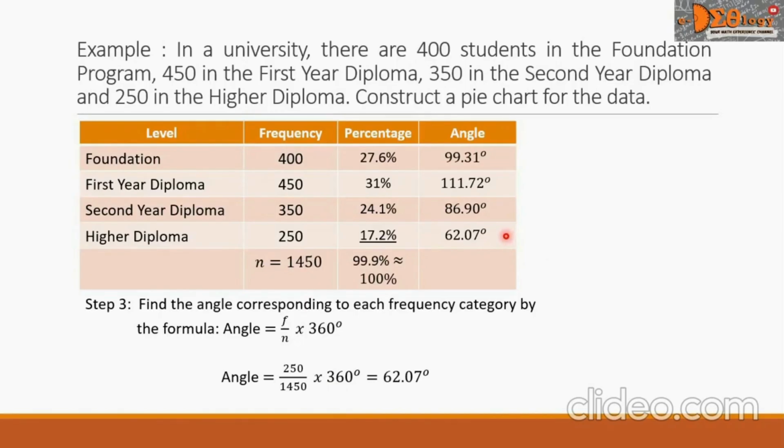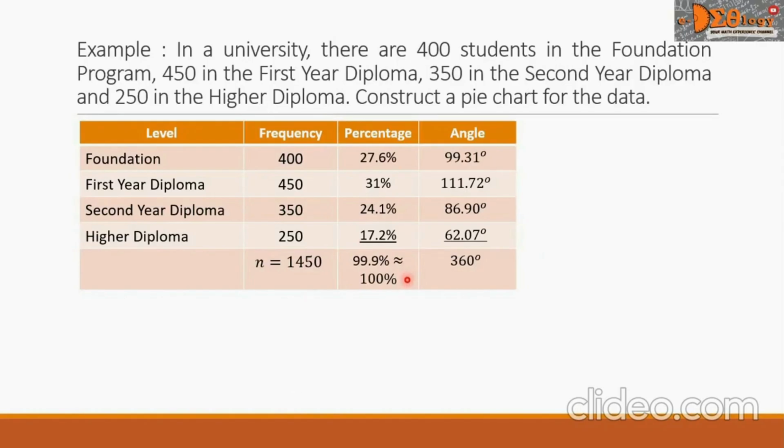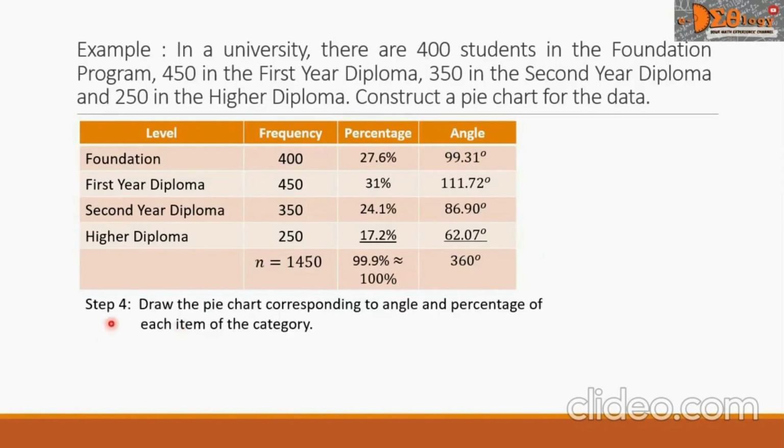Now let us take the summation of this column, and we will have the answer 360 degrees. This must be always equal to 360 degrees. On the same way that this column must have the summation that is equal to 100%. Now, let us go to step 4.